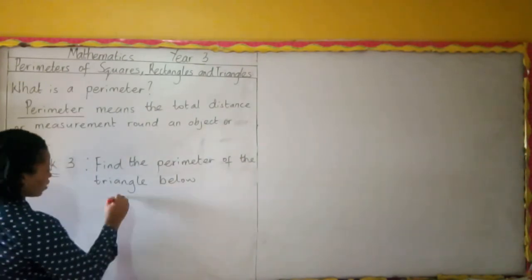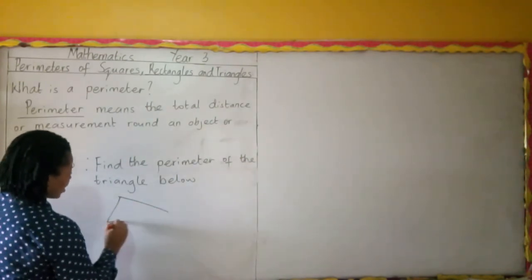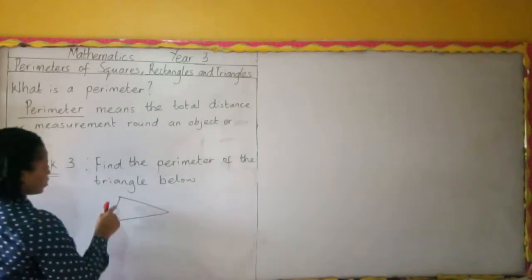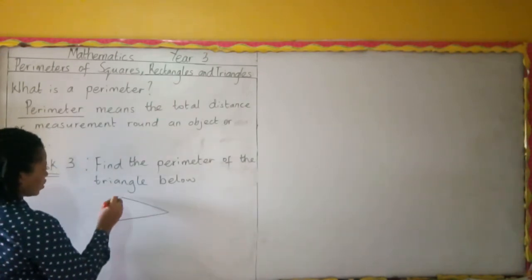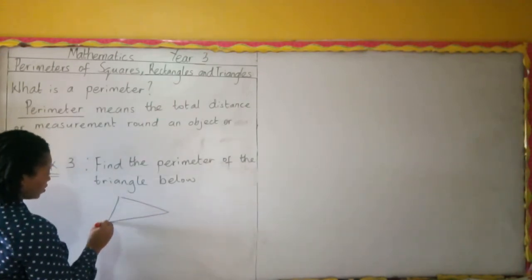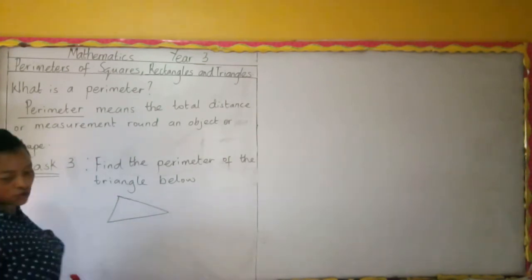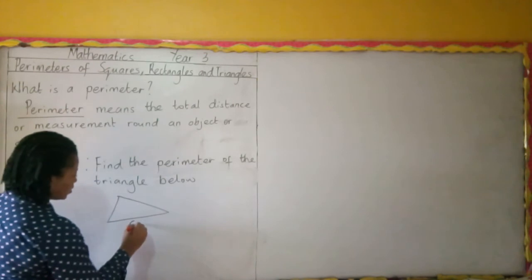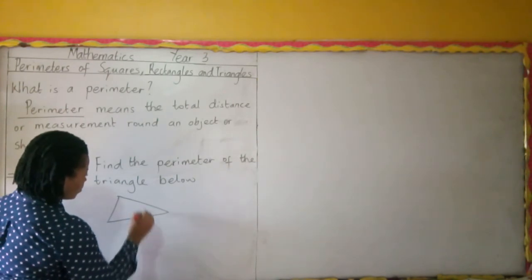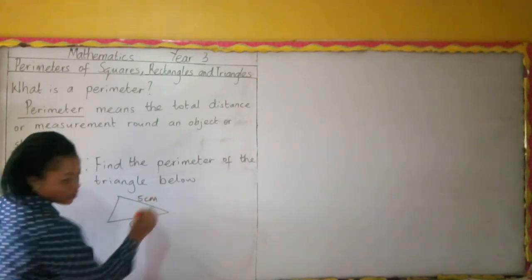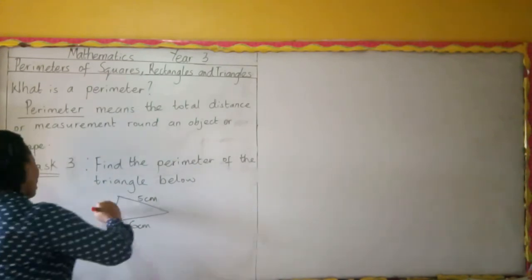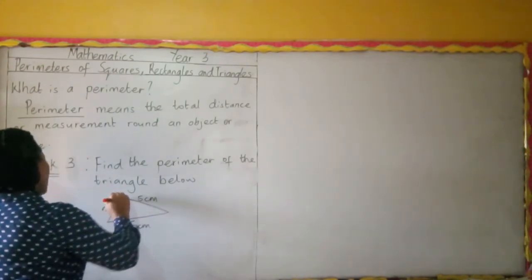By scaling triangle, all the sides are not equal. Everyone is on his own. You can see it here. This side is not equal to this side, neither is equal to the other. So I have it to be 6 cm, 5 cm, and the other end is 3 cm.